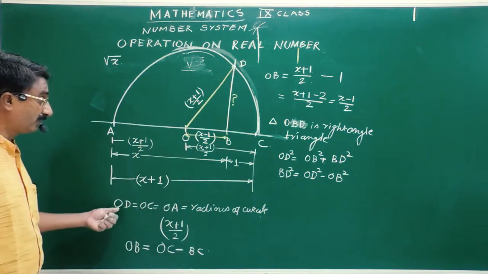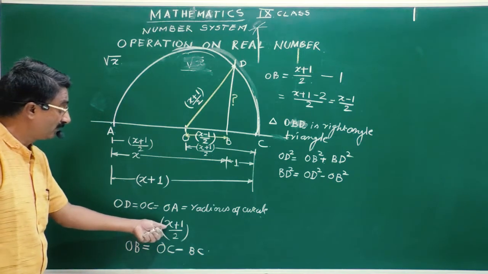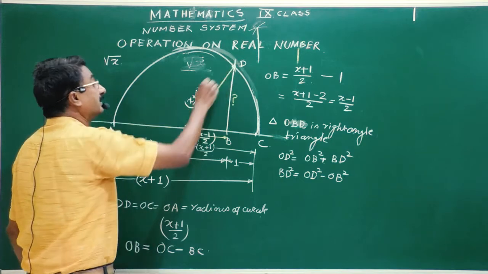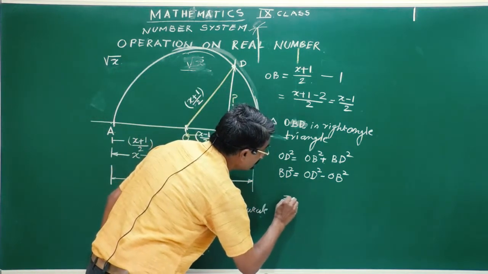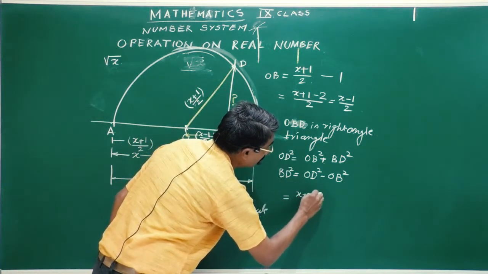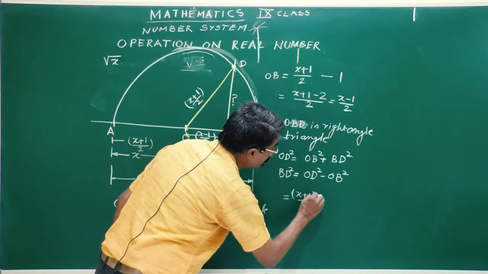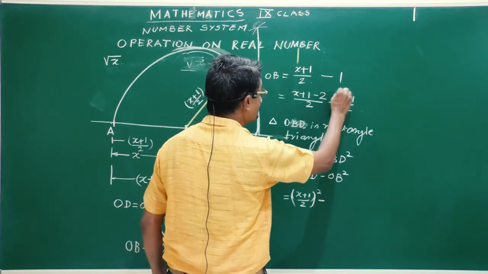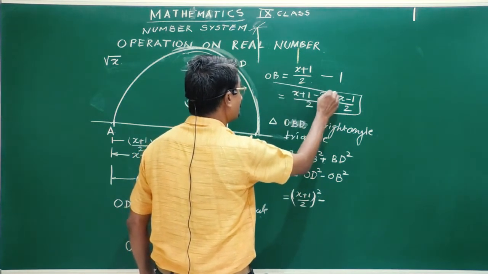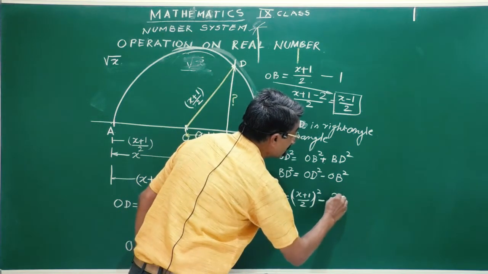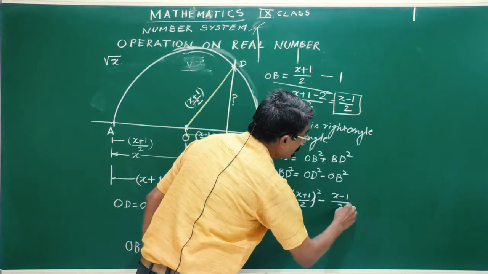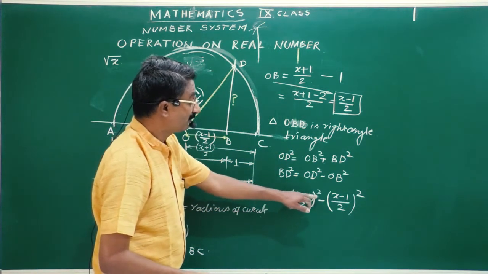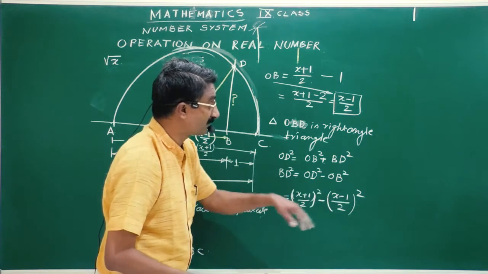So what is the value of OD? OD is (x plus 1) upon 2. So this is ((x plus 1) upon 2) whole square minus OB, which is ((x minus 1) upon 2) whole square. ध्यान रखना, (x plus 1) whole square upon 2 और (x minus 1) whole square upon 2 नहीं है.